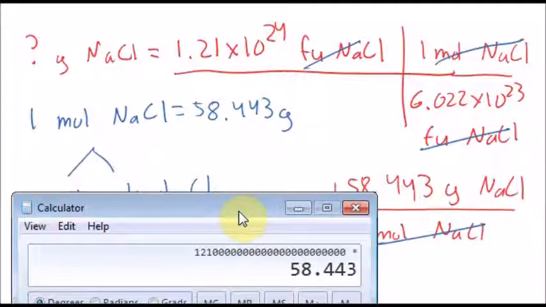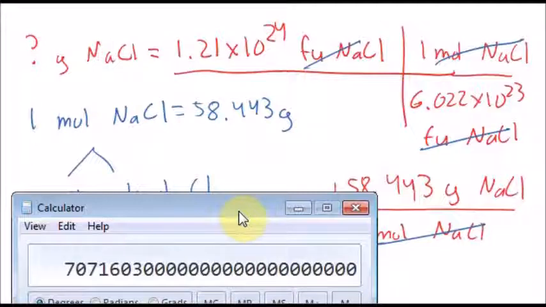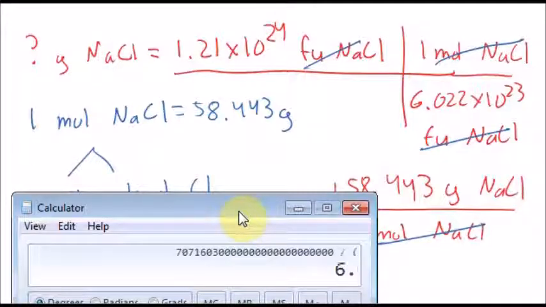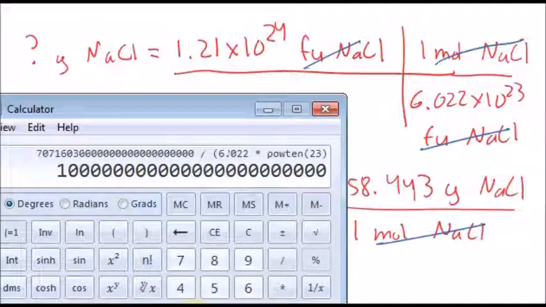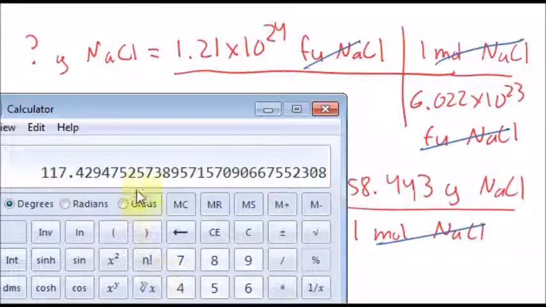It's going to give us that number, and then divide that by 6.022 times 10 to the 23rd, and then that's going to give us this number here, 117.429, and on and on and on.